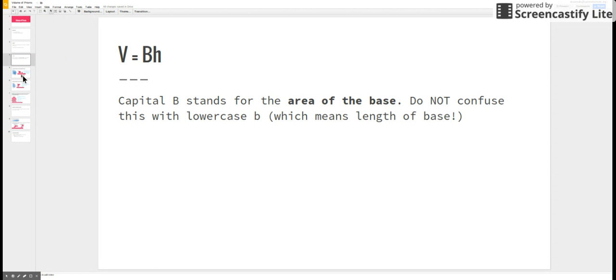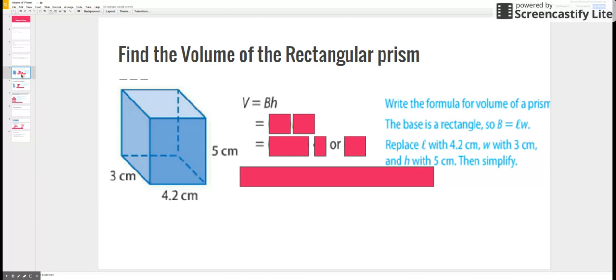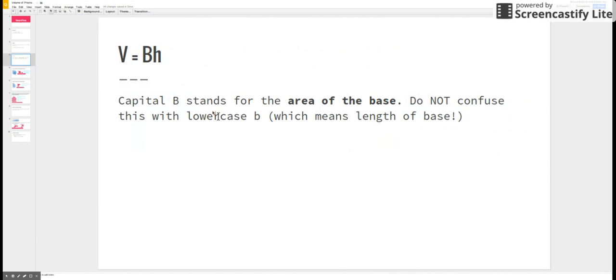Let's look at some examples. Find the volume of the rectangular prism. So let's start with our formula. Volume equals capital B, the area of the base, times your height.